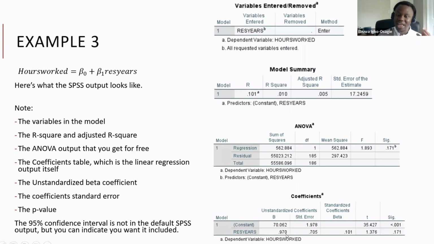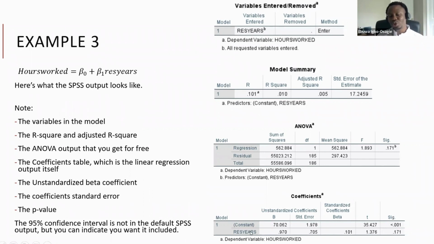Now, when you are using a continuous variable, you're saying irrespective of your years of residency, you will be expected to work 70 hours per week. But how do we interpret this? For every year increase in residency service, that is how you interpret for continuous.